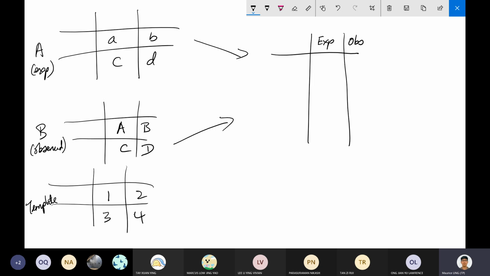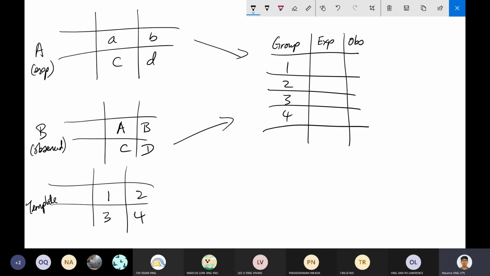So you take this and overlay between the expected and overlay between the observed. So you have group 1, group 2, group 3, and group 4. Then you take all the numbers and put them into this table.